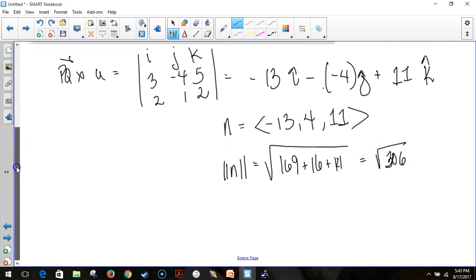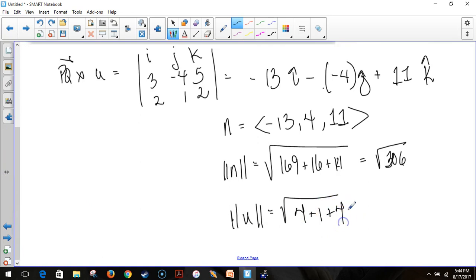That's my numerator, and my denominator is the magnitude of u, which was 2, 1, 2. So I have 4 plus 1 plus 4, which is 9. Well, that's nice, so 3. So how about all of that for a distance of radical 306 over 3?